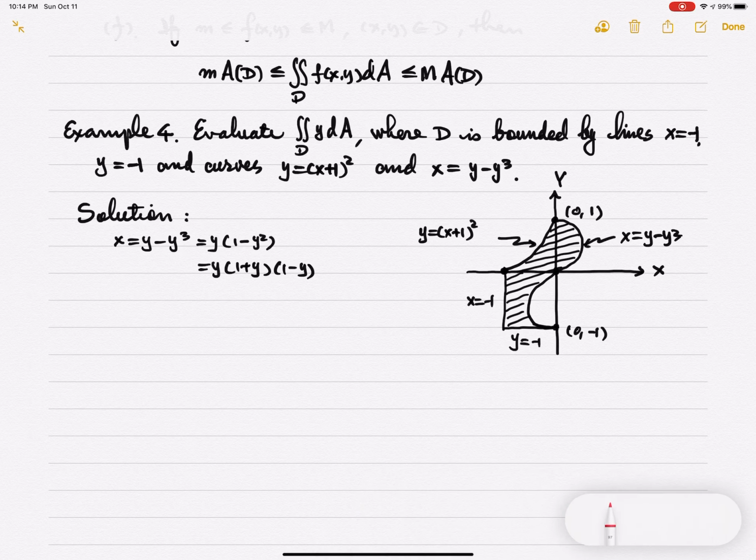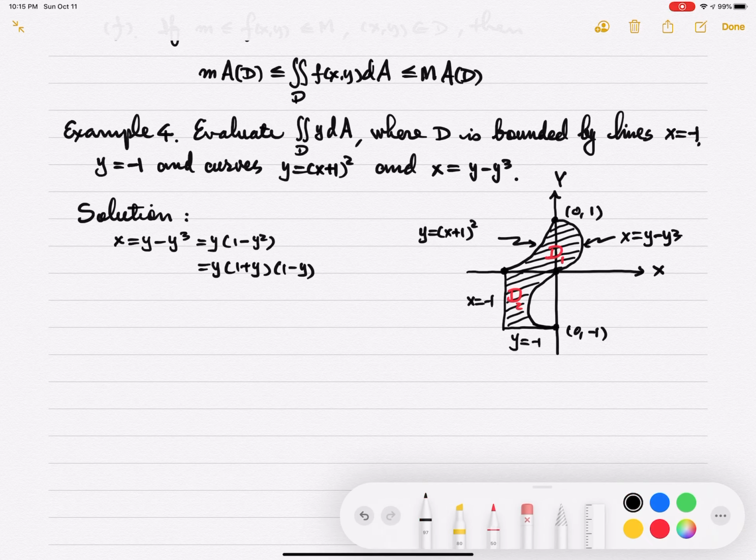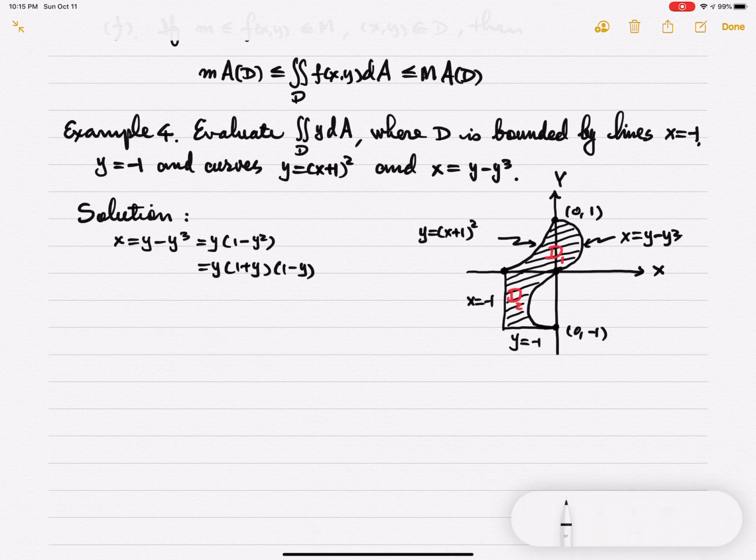I'm going to call this part D1, and this part D2. So we say D is equal to D1 union D2.